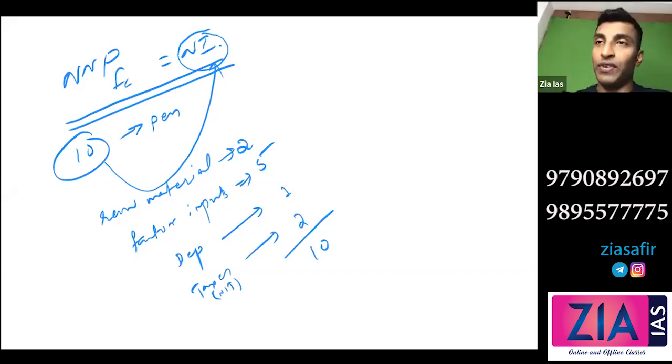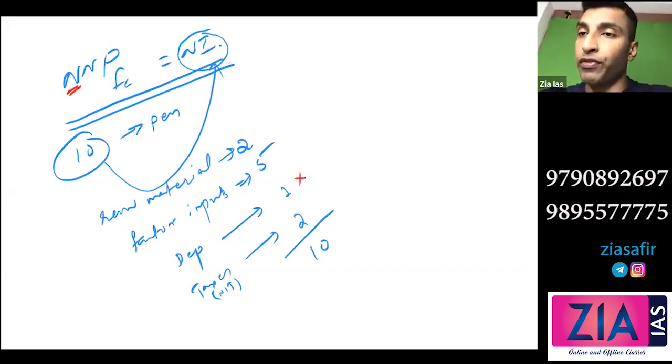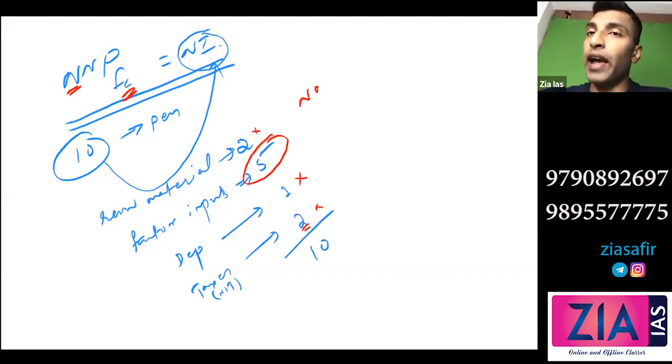Yes, 5, right? Why 5? Because NNP means net. Net means we will not add depreciation, we will ignore depreciation from this. So it becomes 9. Then factor cost, so we will not include taxes. So we will ignore this. And raw materials we will not add here. So only 5 will be added when we talk about NNP factor cost.